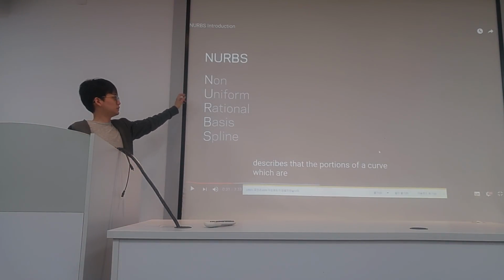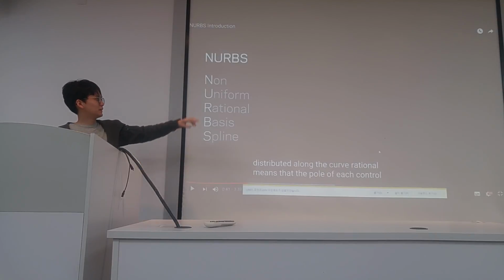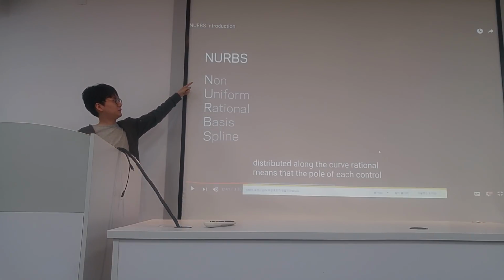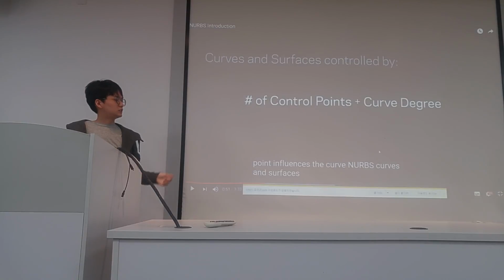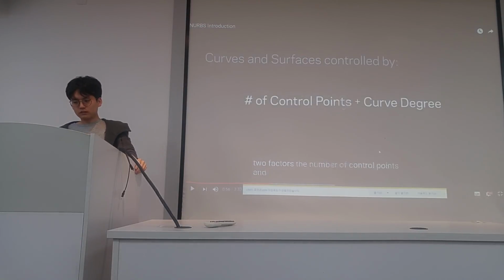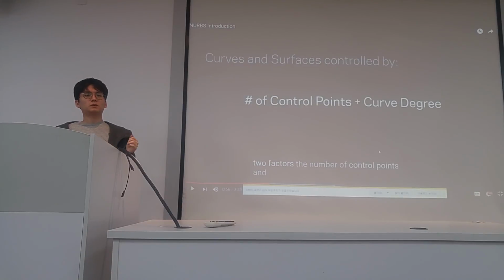NURBS is the non-uniform rational basis spline. I don't remember the exact meaning of these three words, but I can explain briefly. This spline is made of some control points and a curve degree. The curve degree is 1 or any number higher than 1.